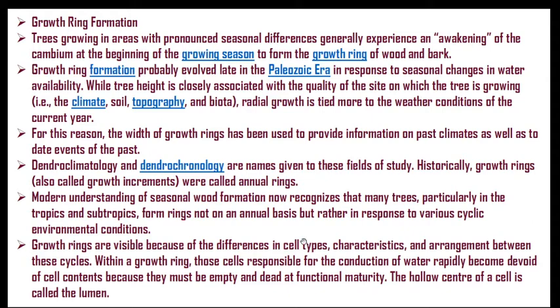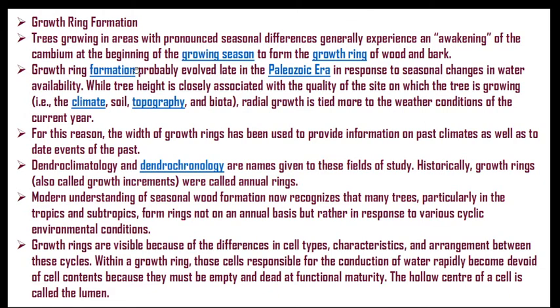So trees growing in areas with pronounced seasonal differences generally experience an awakening of the cambium at the beginning of the growing season, then form the growth ring of wood and bark.